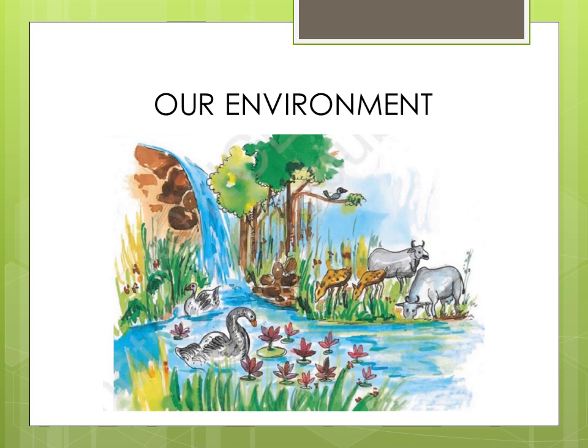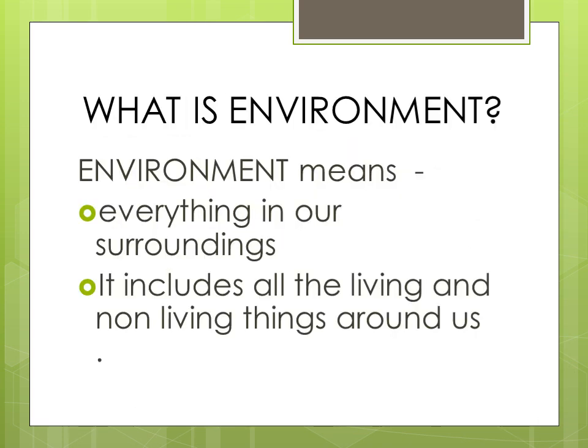All these are part of our environment. So, what is environment? From all these pictures, we come to know environment means everything in our surroundings. Number two, environment includes all the living and non living things around us.